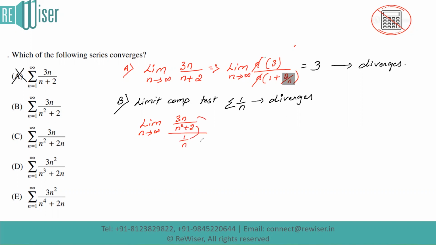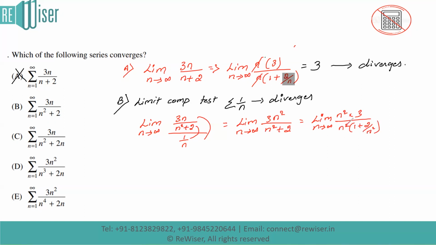When I simplify this, these two things get multiplied, so I'll get the limit as n tends to infinity of 3n squared over n squared plus 2. I can take n squared common out, similar to the previous part A, so I'll get n squared times 3 over n squared times 1 plus 2 over n squared.